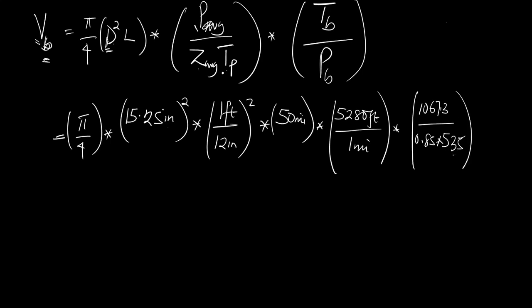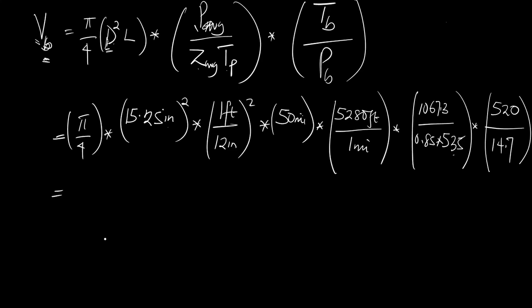That's the average temperature of the gas, times what again? The base temperature and the standard condition. So the base temperature, which is 520, divided by the base pressure, which is 14.7. Now let's work it out.